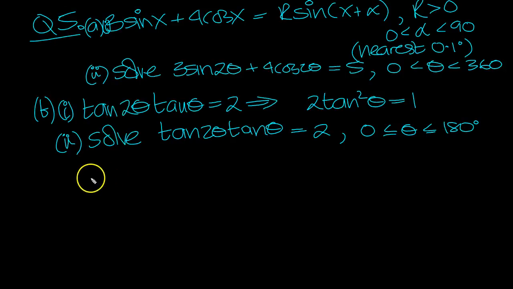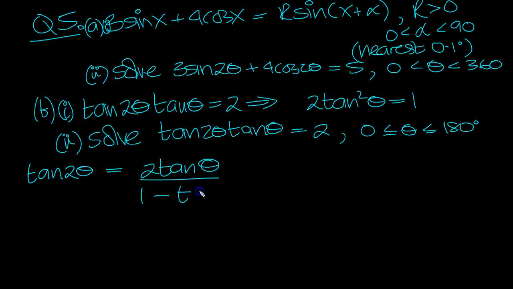Okay, tan 2 theta is equal to 2 tan theta over 1 minus tan squared theta.